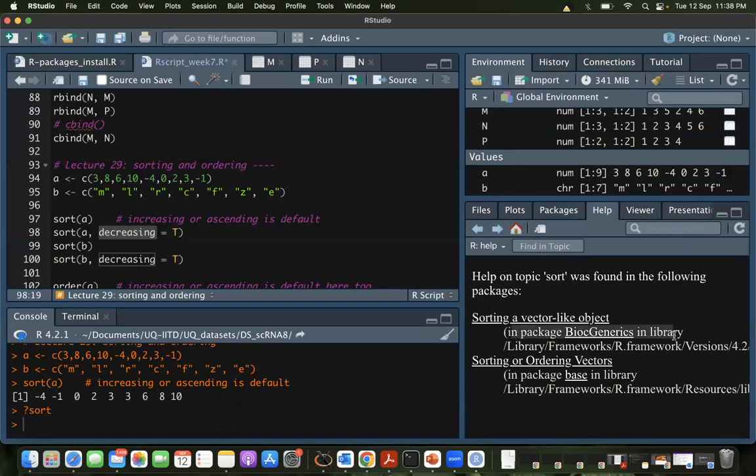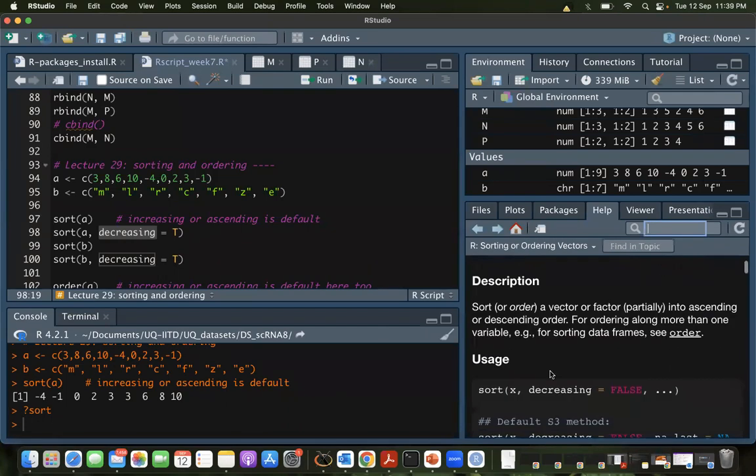You can see it says it's in the package BioC generics. Here it's in the base package. This is something I had installed, I'm doing some work for that. Basically I want the one in the base package. That's the basic task we are doing right now, simple sorting, nothing fancy. So I click on sorting and ordering vectors.